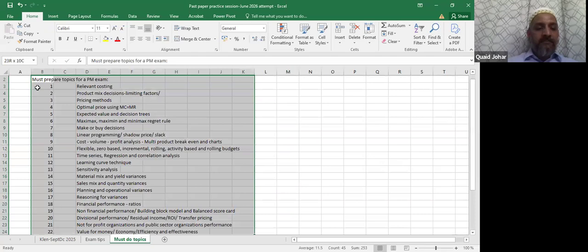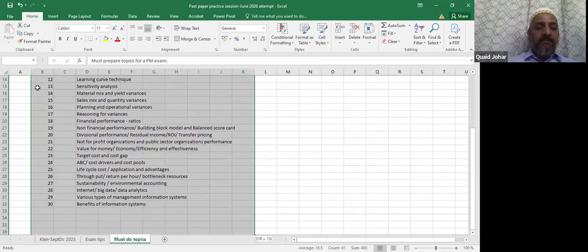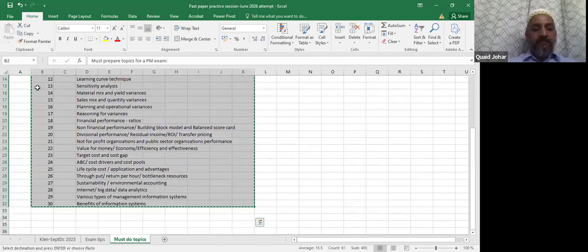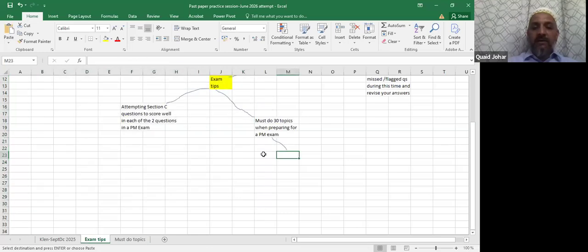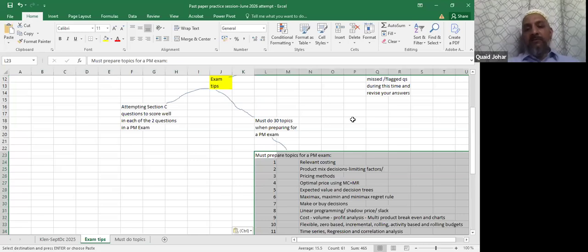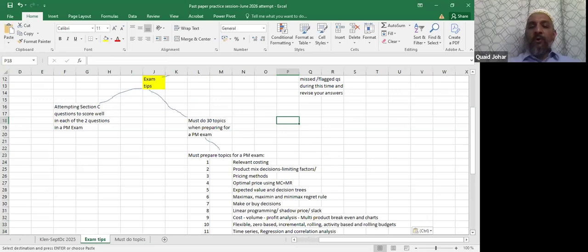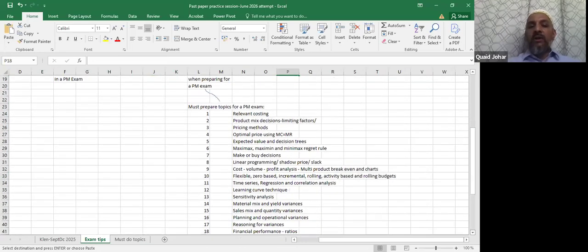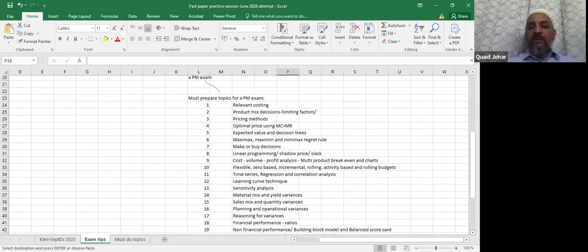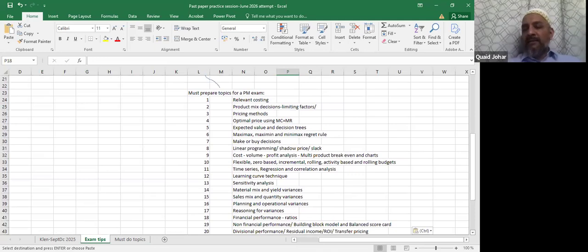Let me pick this up, paste it over here. Now, which topics you must do? These are the 30 most important topics. So usually your questions in exams mainly focus on these areas, right? So obviously there can be areas other than these, but mainly these are the focused areas by an examiner, right?